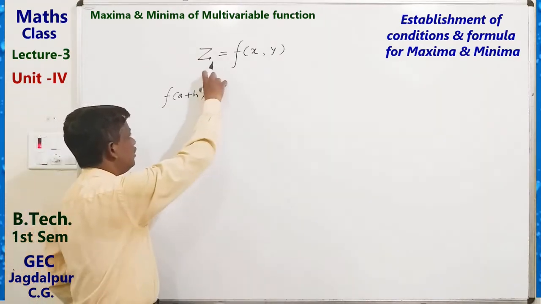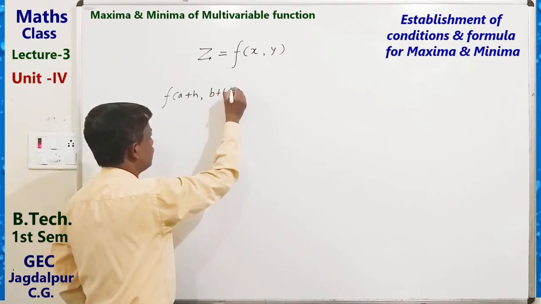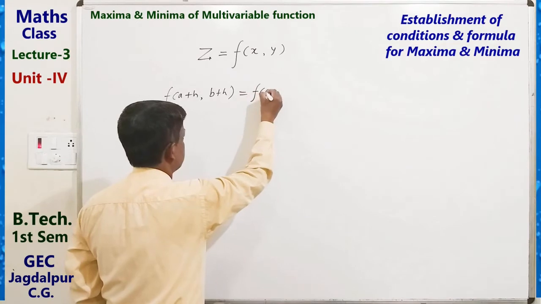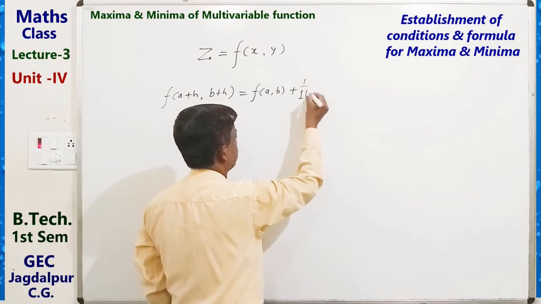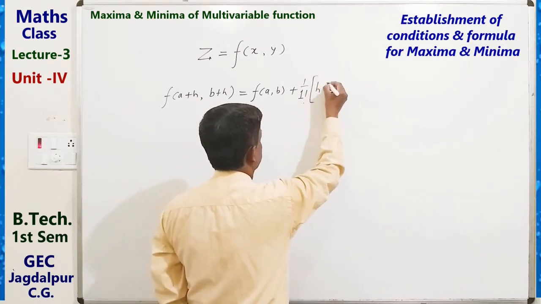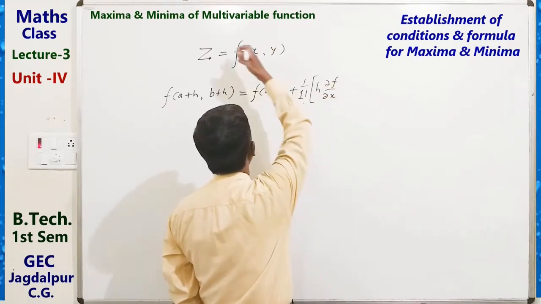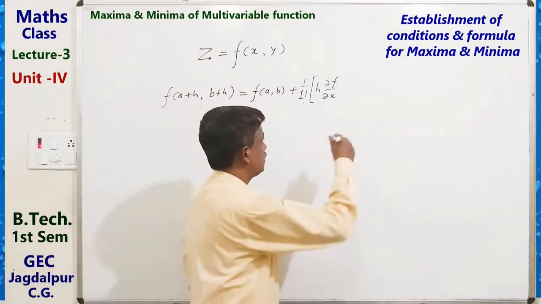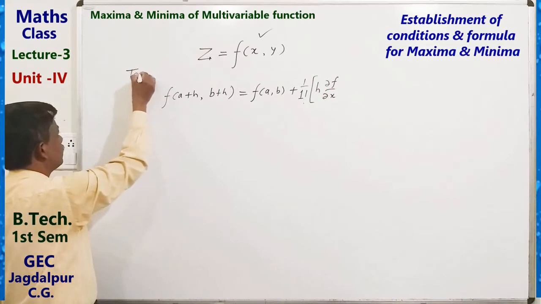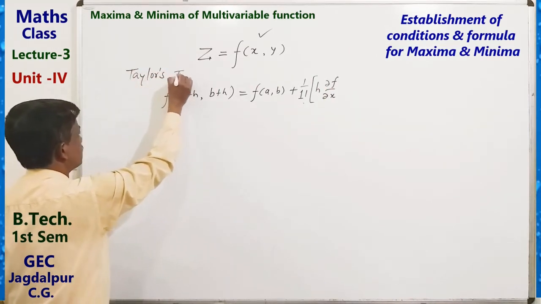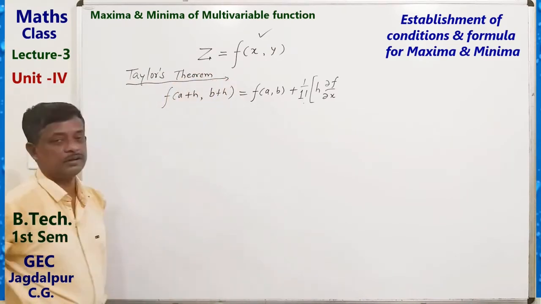Here, for a function of two variables, we can write del f by del x, also del z by del x. Taylor's theorem for a function of two variables.